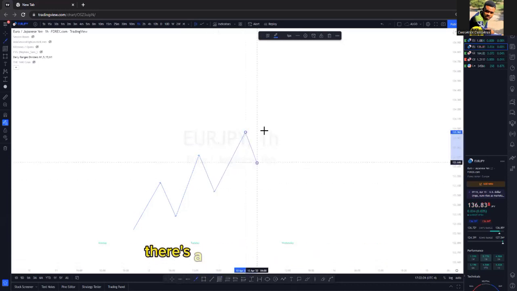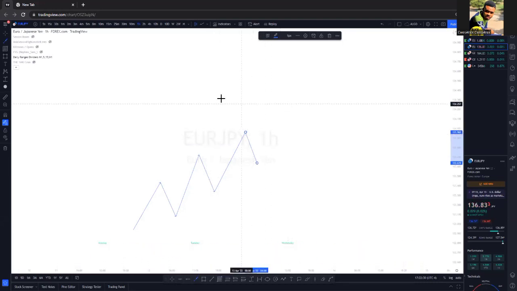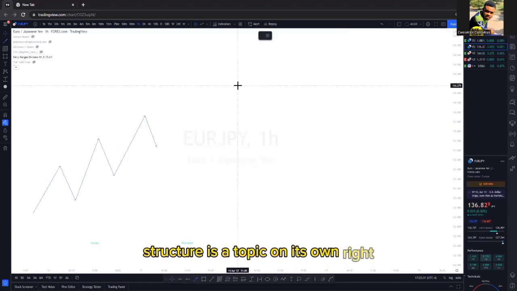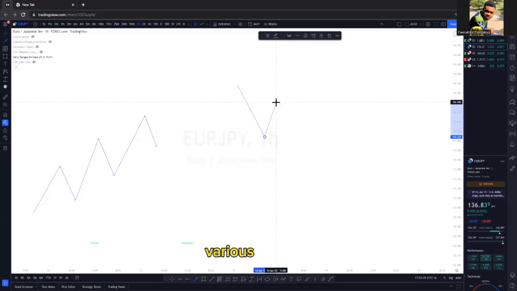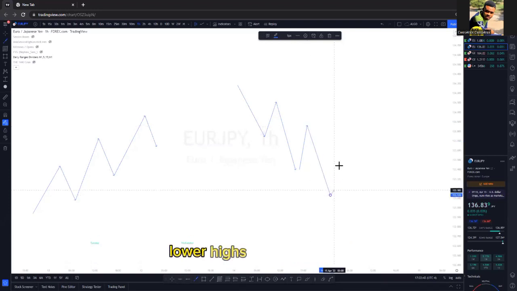This is basic knowledge of market structure that most of you know. But structure is a topic on its own. And in a bearish market, it forms a series of lower highs and lower lows.